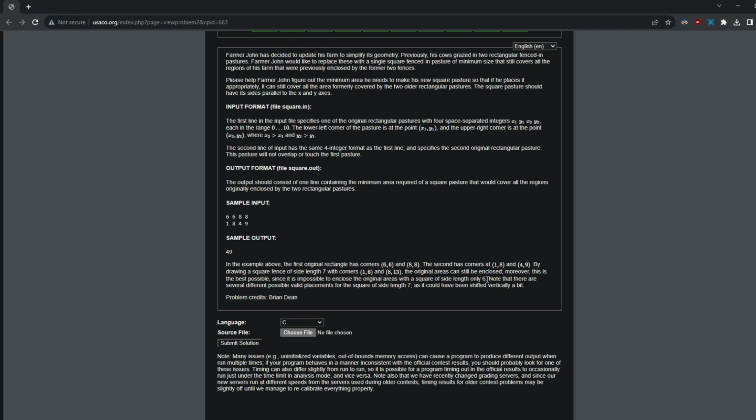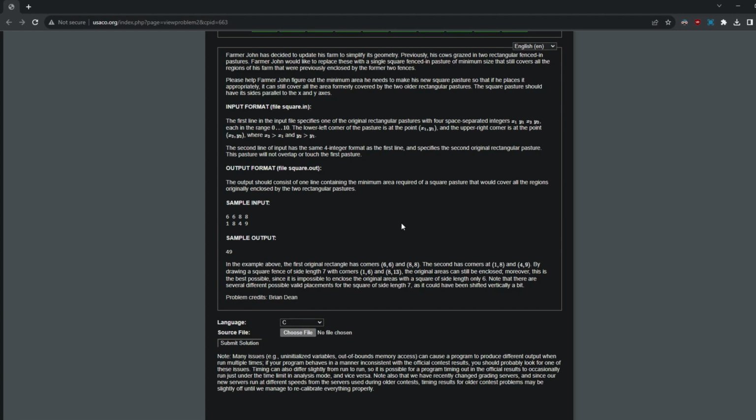Now that's a lot of words. Basically what it's saying is that these rectangles are going to overlap and there are two sides in which they overlap. We don't want to use the smaller side, because if we create a square with the smaller side, we're not going to get both pastures fully inside that square. So we're going to use the longer side and build a square around that.